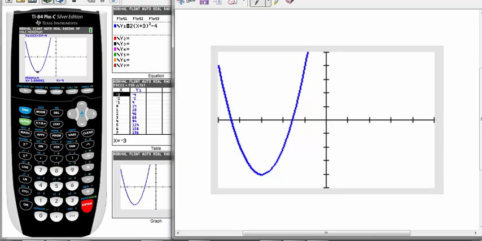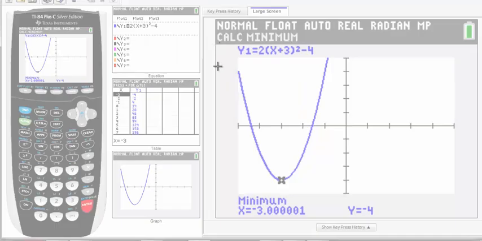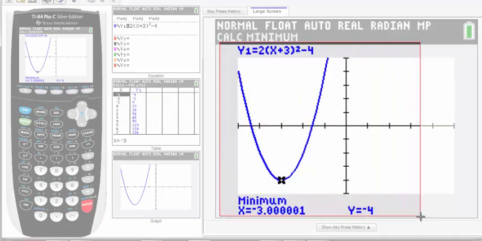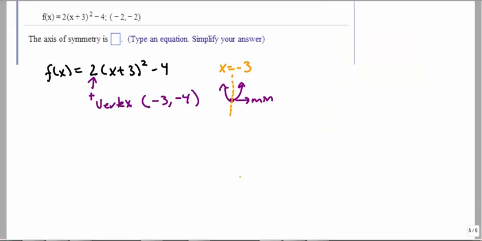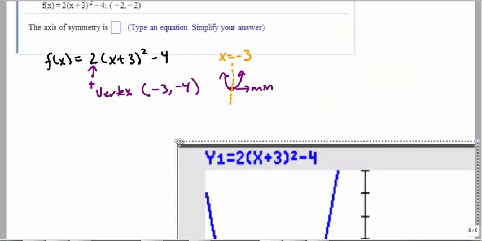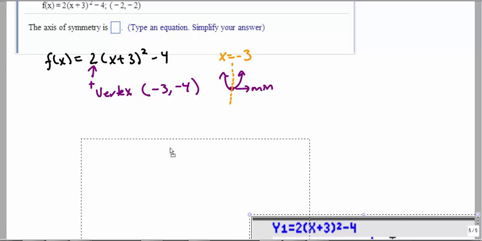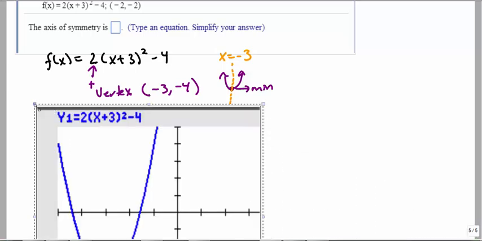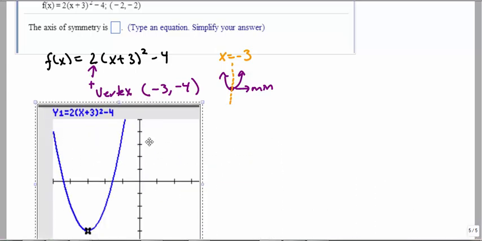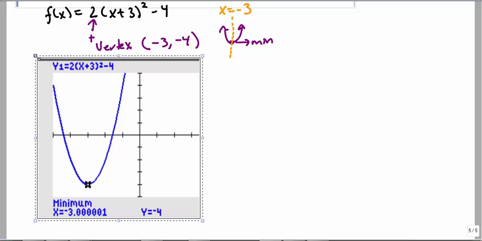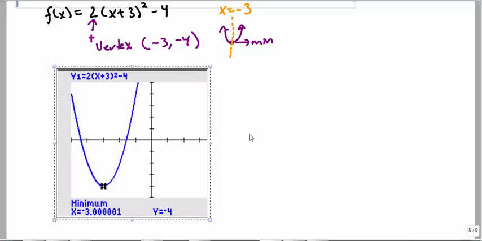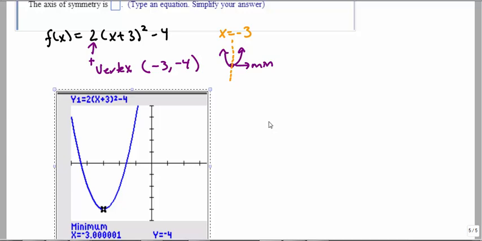So let's put that into our lecture notes. So -3, -4. Okay, so vertex matches exactly what we thought. So down here we have our vertex.